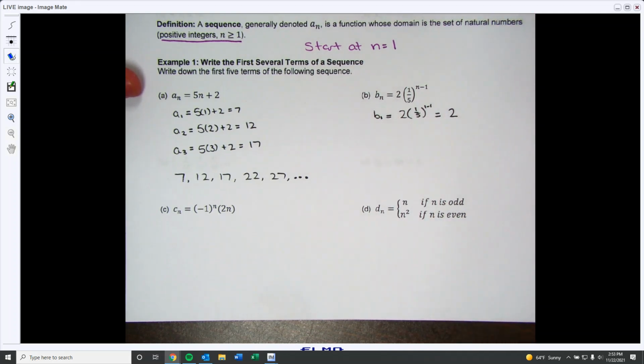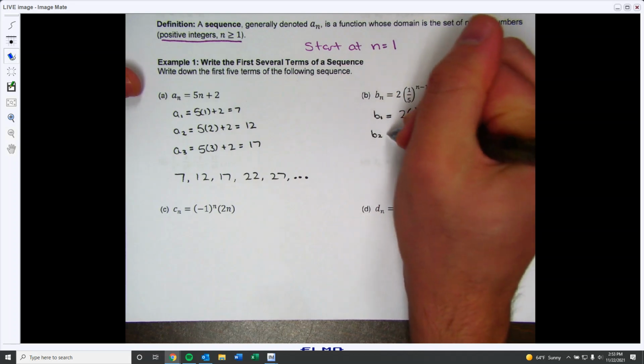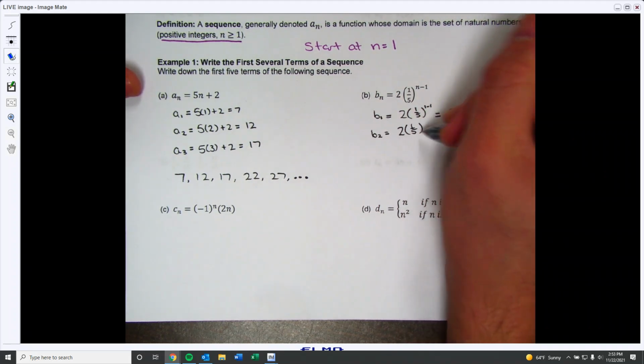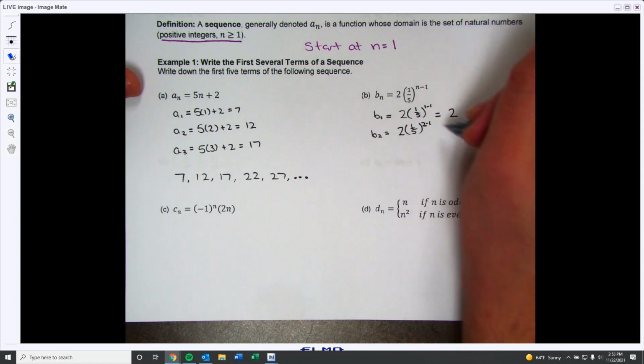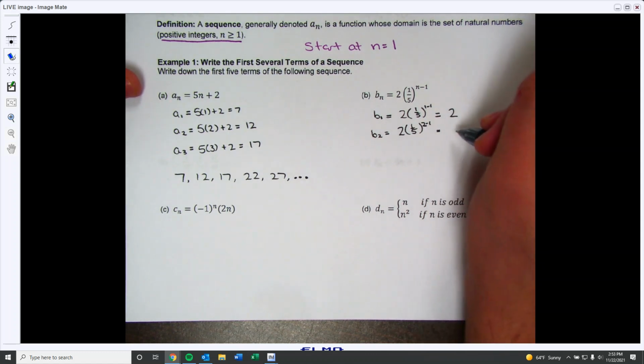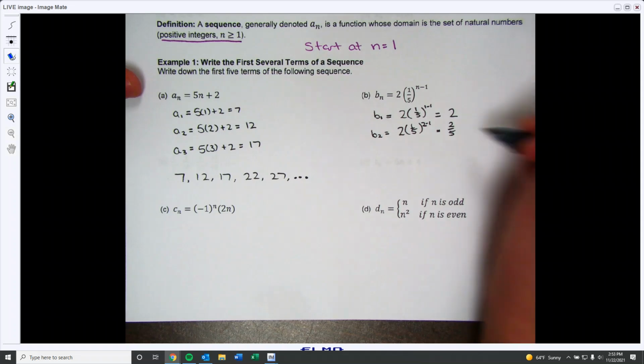We just get 2. All right, now I'll do n equals 2. So I have 2 times 1/5 to the 2 minus 1 power. 2 minus 1 is 1. A number to the first power stays the same. So I have 2 times 1/5, which gives me 2/5.